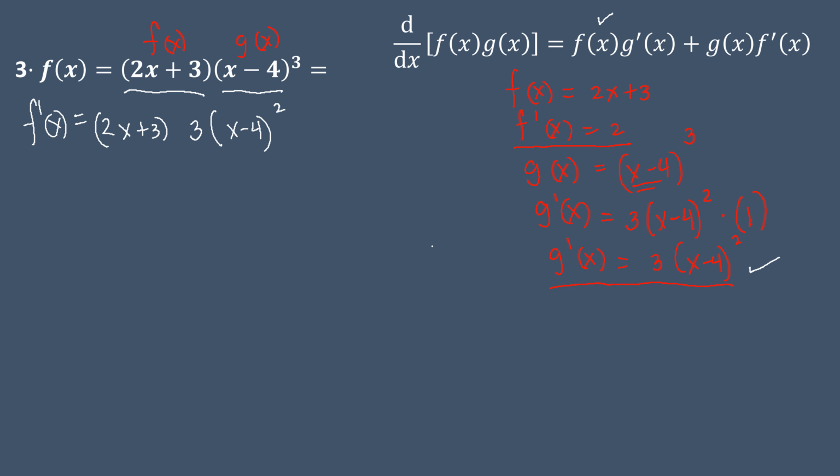So that will be f of x times the g prime of x plus our g of x, which is x minus 4 to the power of 3, times our f prime of x, which is 2.